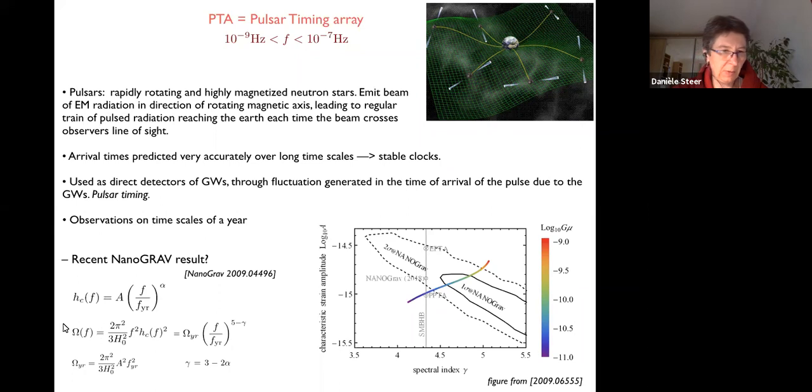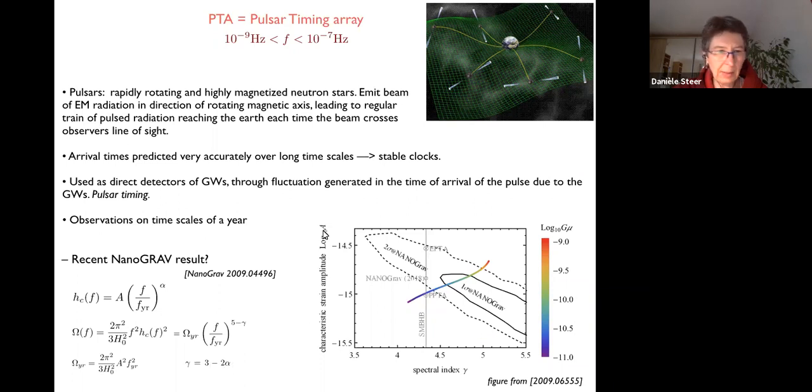from which, using expressions we've already seen, omega gravitational waves is h squared times f. You can just calculate the factors of alpha and write it as a power f to the 5 minus gamma, where gamma is 3 minus 2 alpha.